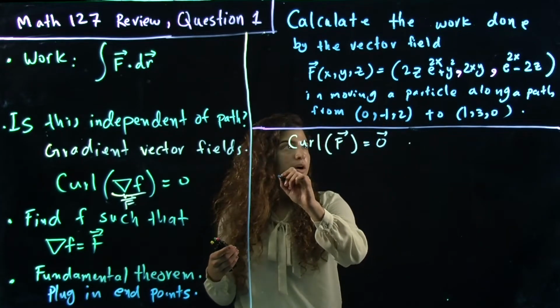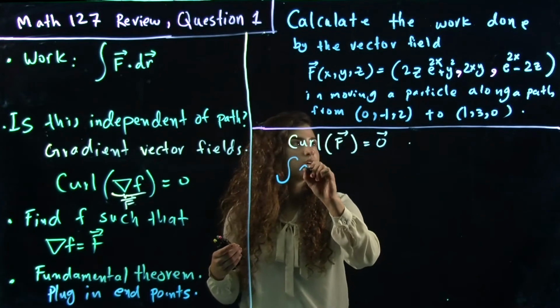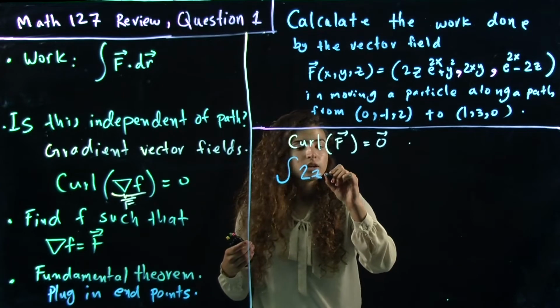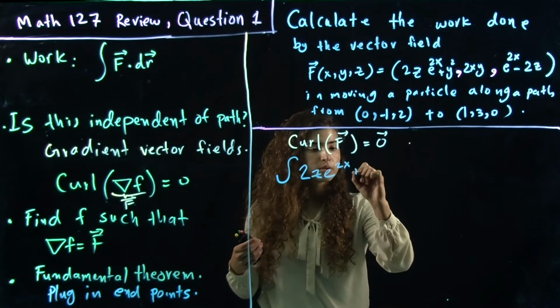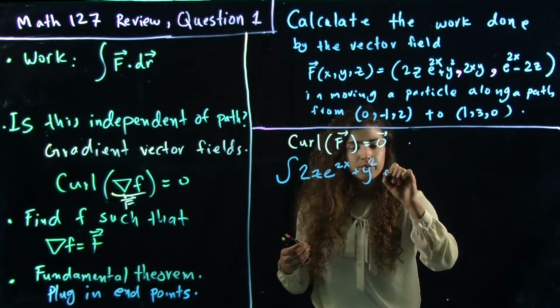So the first part, we're going to take the integral of 2z e to the 2x plus y squared with respect to x.